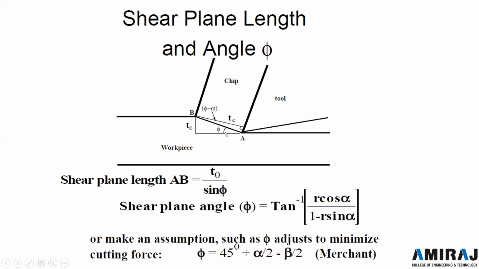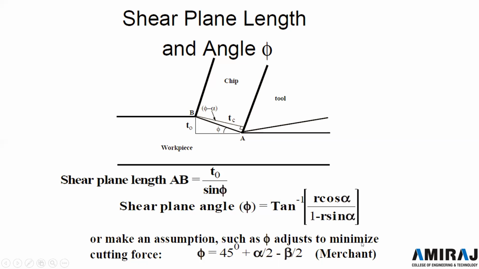For the shear plane angle, earlier we saw sine upon cos was t0 by tc, so tan phi is equal to r cos alpha upon 1 minus r sin alpha. So in terms of the chip thickness ratio, we can find the shear plane angle, phi equal to tan inverse of r cos alpha upon 1 minus r sin alpha.